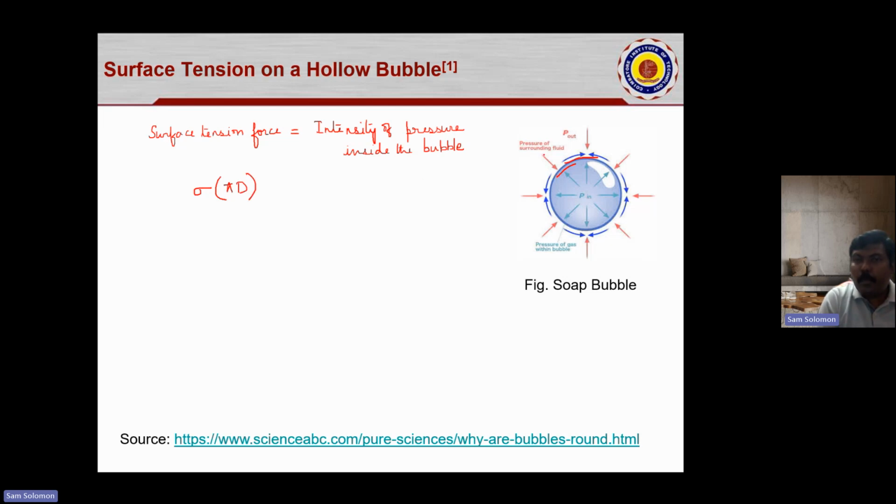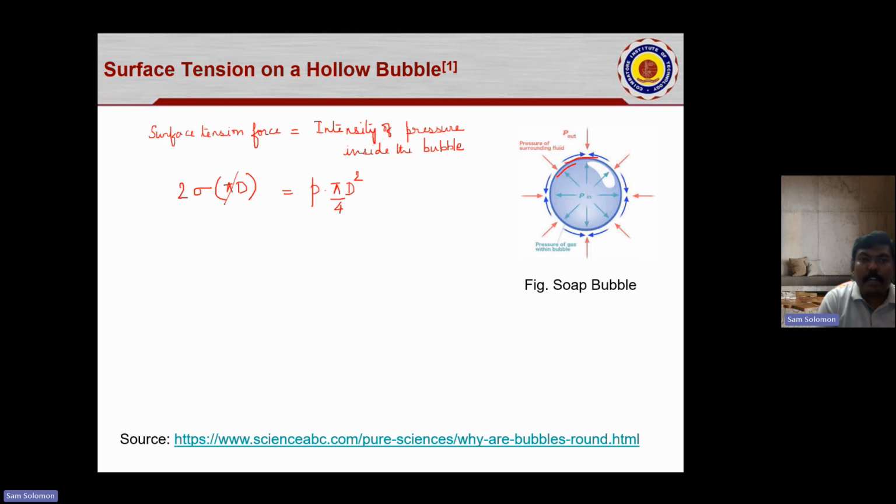But unlike the previous case, now we have surface tension on both the inner surface as well as the outer surface. So this is going to be equal to pressure multiplied by the area of cross section of this soap bubble, which is again pi by 4 d squared.